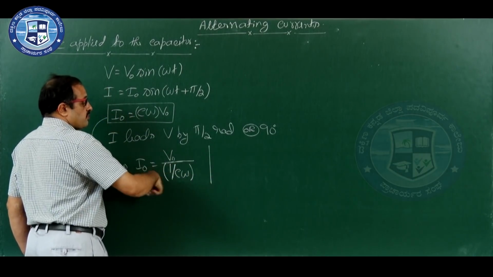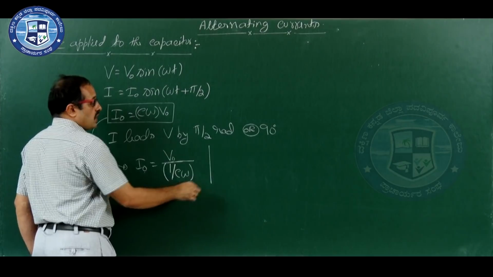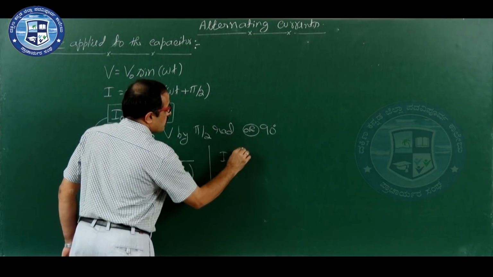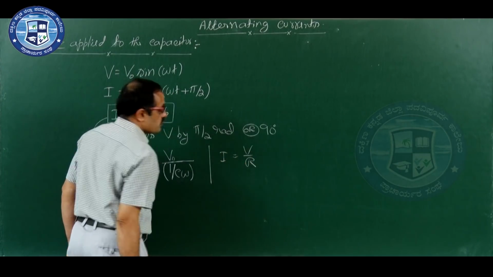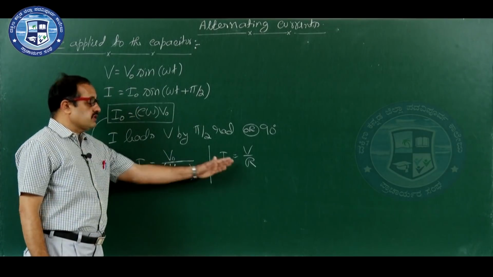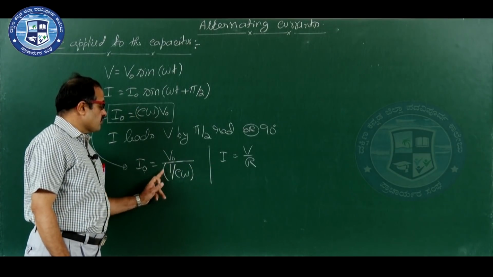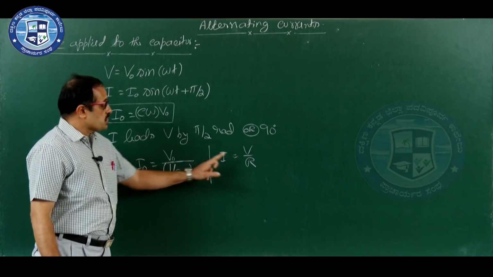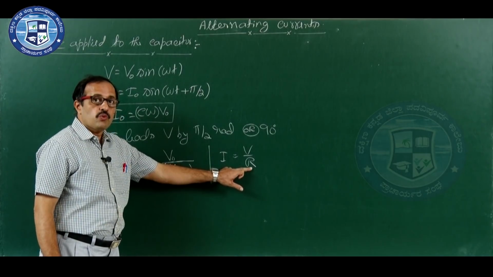If you look at this formula, it is similar to Ohm's law. What is Ohm's law? I equal to V by R. So, just by comparison, it is very clear the term in the denominator is similar to resistance in Ohm's law.